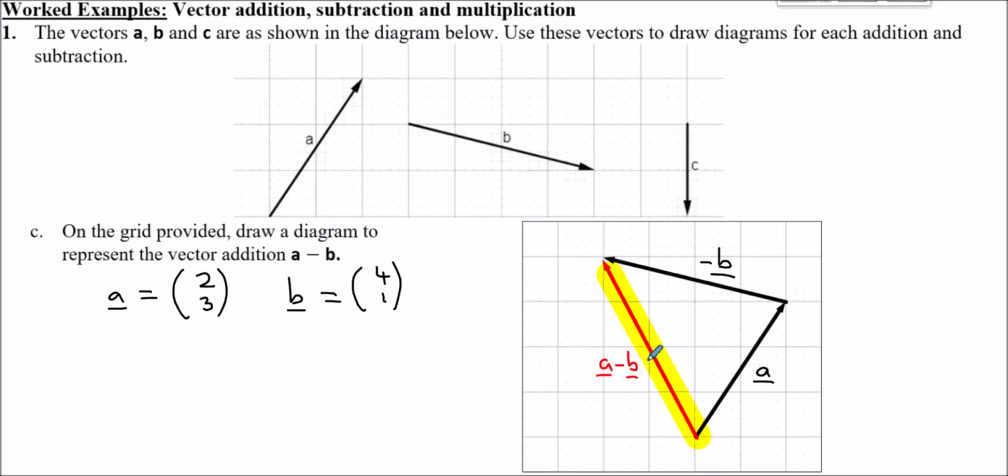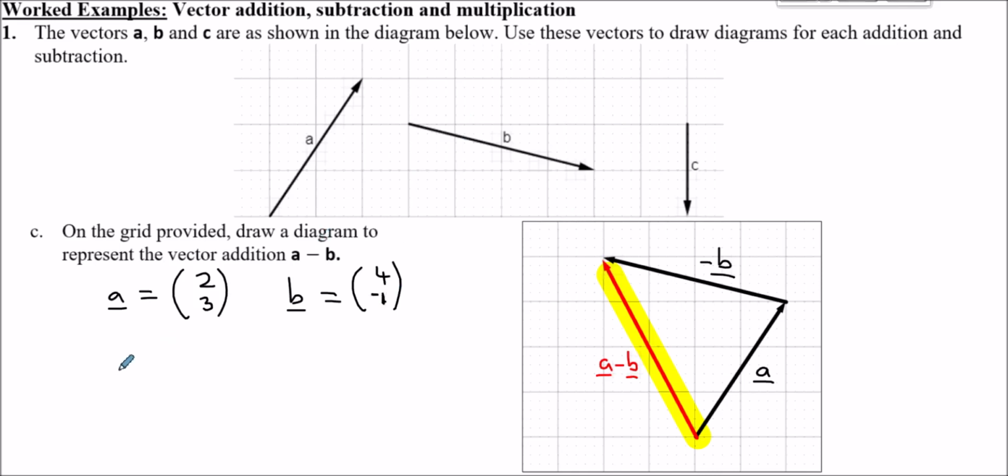Now look at A minus B. We're going 2 to the left, so it'd be minus 2, and then we're going 1, 2, 3, 4 up. B is 4 to the right, 1 down, so B is 4, minus 1.